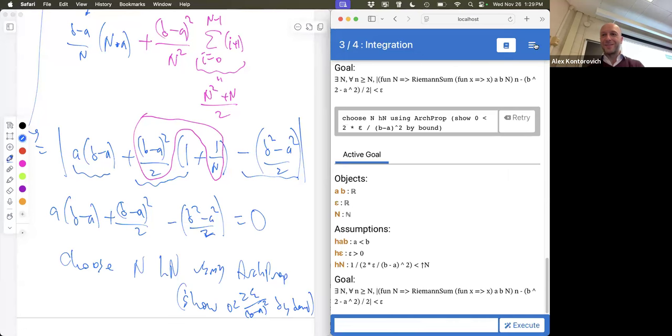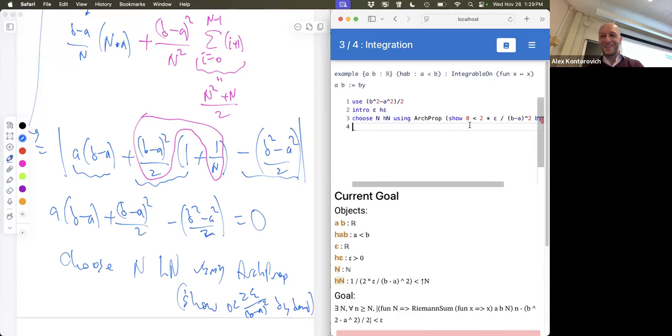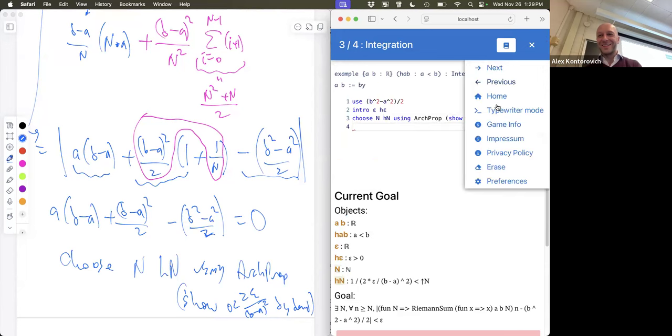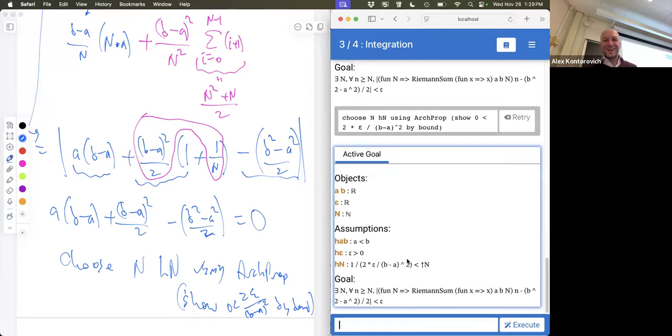Yay, bound. Really bound? Yes, really bound. Okay, awesome. It knows that a is strictly less than b, so at least they're not equal, which means, okay, whatever, it did it. But don't look a gift horse in the mouth.